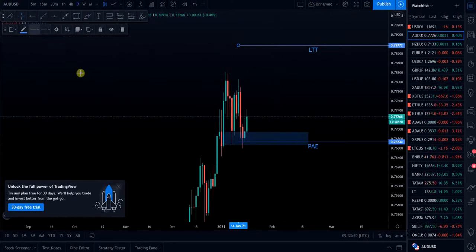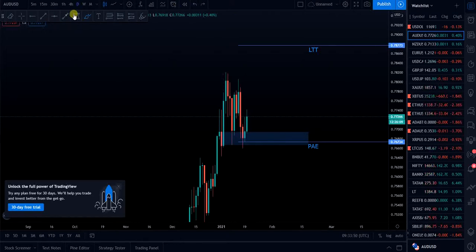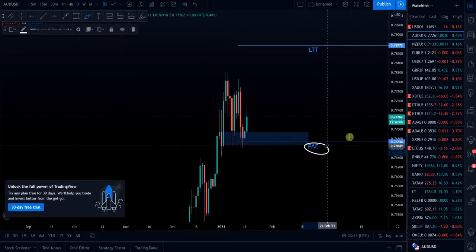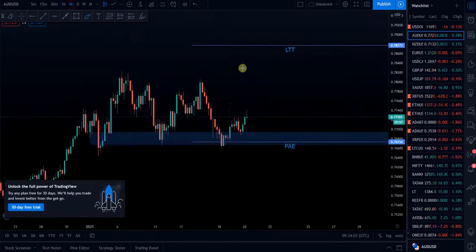Here you can see in AUD USD we have a setup for the longs. We have possible area to enter and we have our long term target in a bullish direction. So we have performed this task to find out the possible area to enter in a daily time frame. To get our final entries, we have to move to 4-hour time frame.